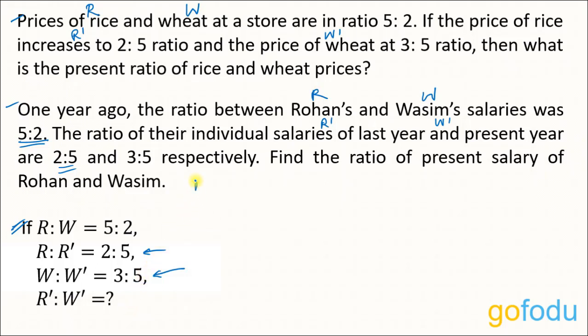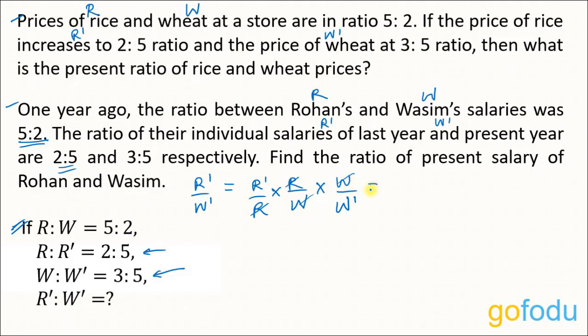We have to calculate R dash upon W dash, which would be equal to R dash upon R into R upon W into W upon W dash. Think about it. Here R and R will get cancelled, W and W will get cancelled. We will get R dash upon W dash, which is asked from us.